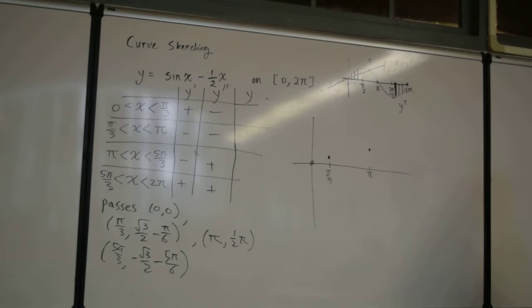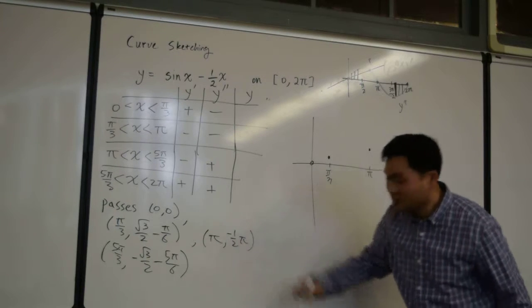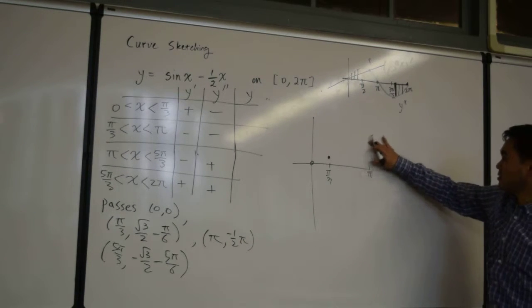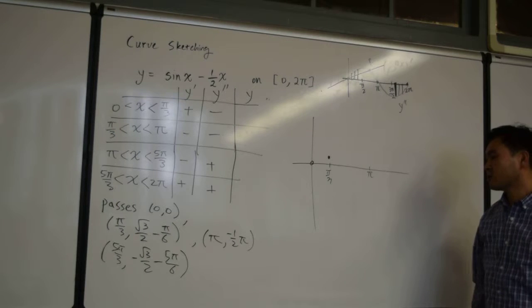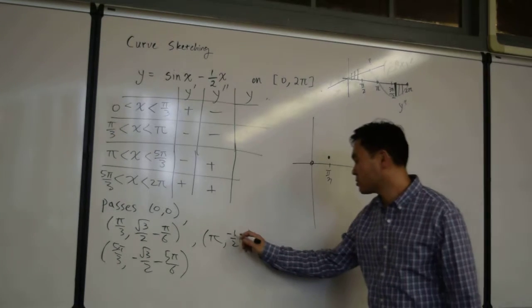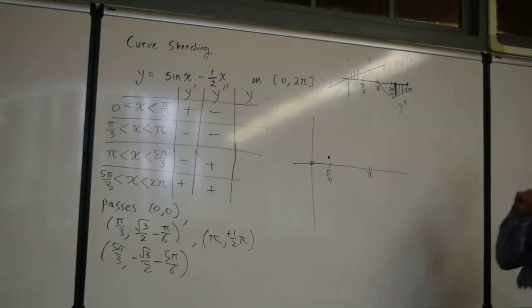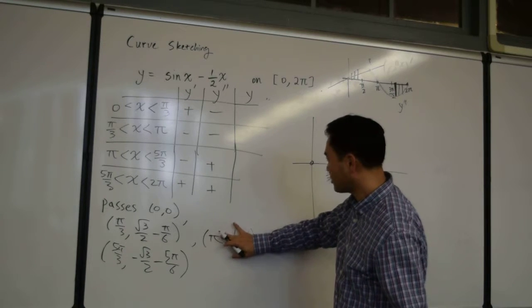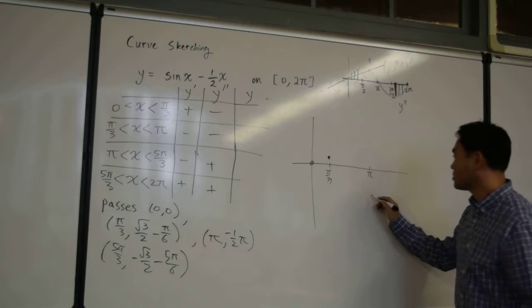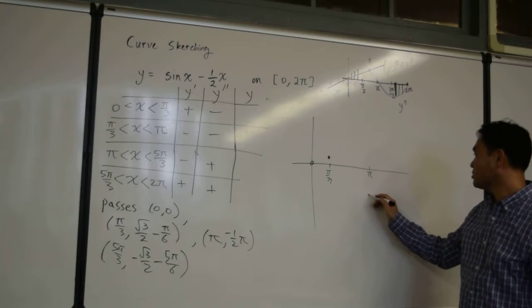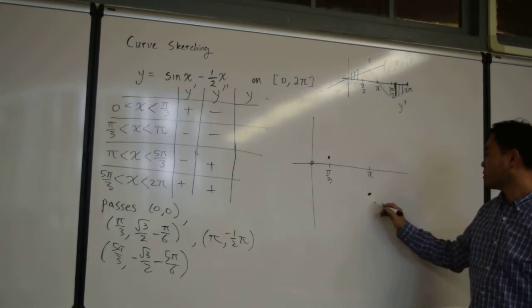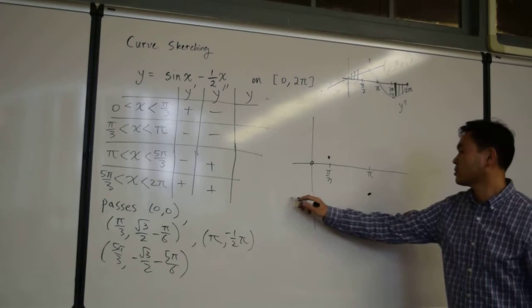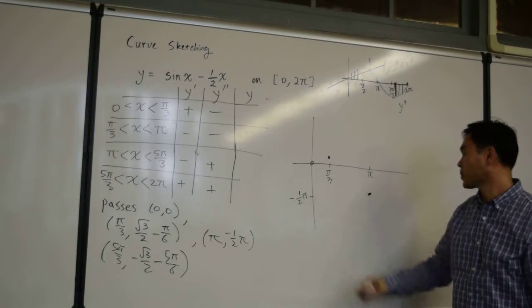No, something's not right. Oh, it should be a minus. Did I put a minus? No, that's not right. Yeah, it's a negative 1/2 pi. Okay. Something was wrong. So it should be minus. So it's over here. Let's just say this is negative 1/2 pi.